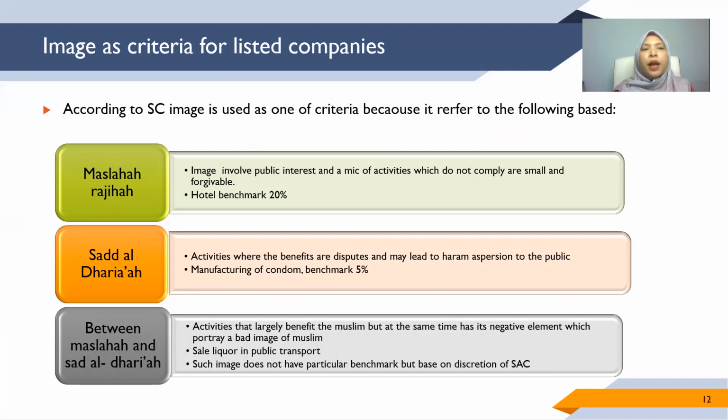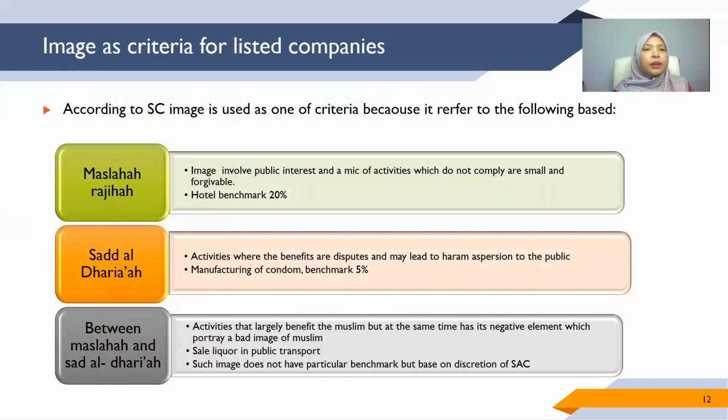For example, maslahah rajihah: image involving public interest, and a mix of activity which does not comply but is small and forgivable. For example, the hotel benchmark is 20%.